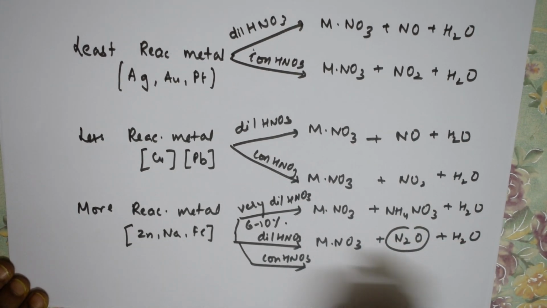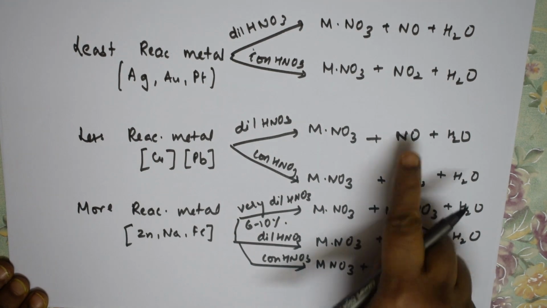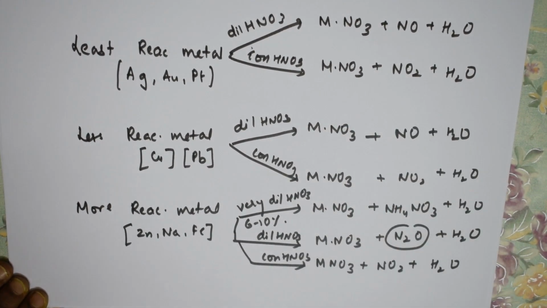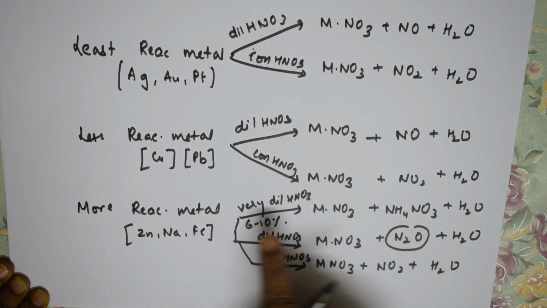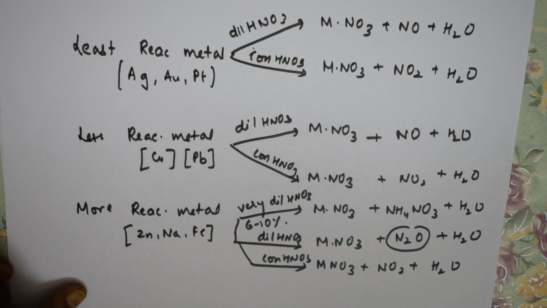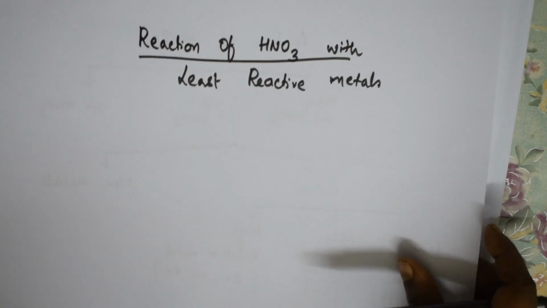Suppose if I am taking concentrated conditions, the product is metal nitrate plus nitrogen dioxide plus water. So, in concentrated, NO2, NO2, NO2. Remember, right? So, this and this is similar, only differences in this and ammonium nitrate in very dilute conditions. This is okay, students? Yes, easy. Now, let us take the reaction and start writing.